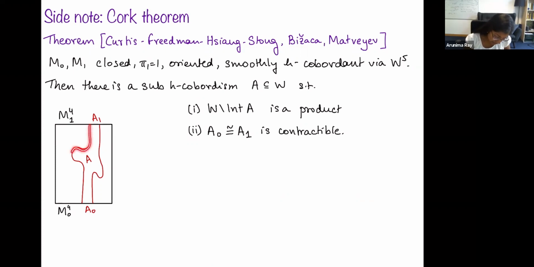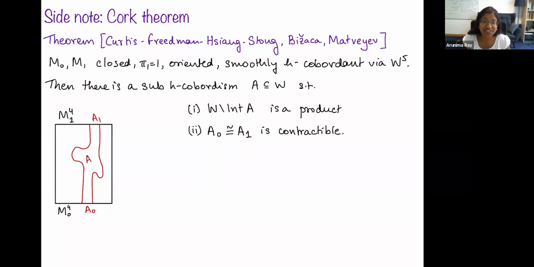There's a middle portion, A, that's a sub H cobordism with pieces A0 and A1 in M0 and M1. And we can do the splitting so that away from that sub H cobordism, you have a product. Moreover, the portions where the sub cobordism intersects M0 and M1 are diffeomorphic to each other, and they're also contractible.